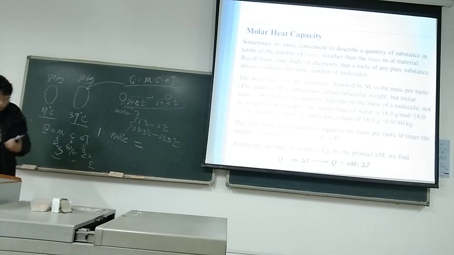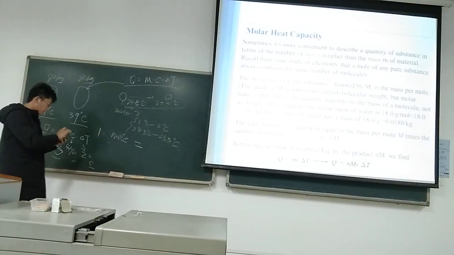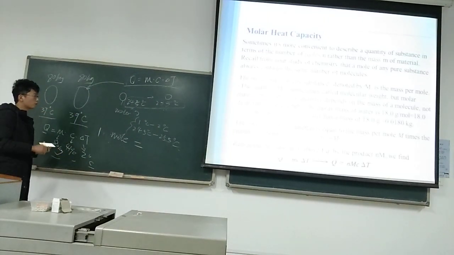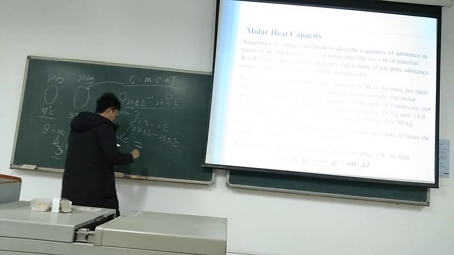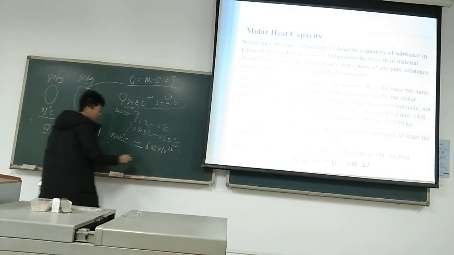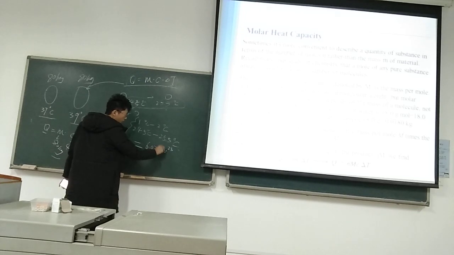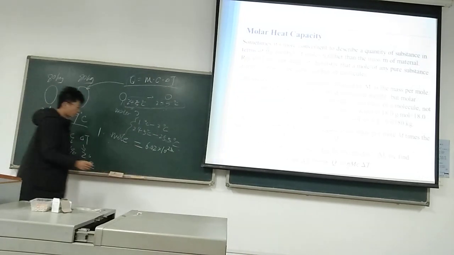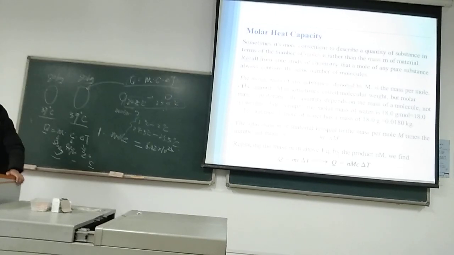The mole is always used to describe the number of atoms, since the number of atoms is always a huge number. Therefore, the mole is used. 1 mole means 6.02 times 10²³. And to transform from the mole to the weight, there's a definition.